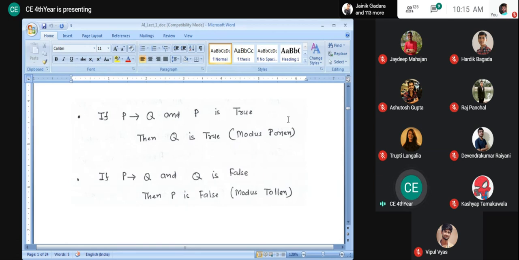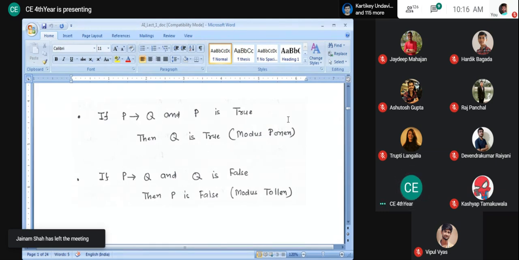But it is known that Q is false, which means P cannot be true. Had P been true, Q would have been true. But given that Q is false, P has to be false. That rule is called modus tollens, the complement to modus ponens. Definitely we can conclude that P is false. This is not inconclusive. The conclusion is P is false.